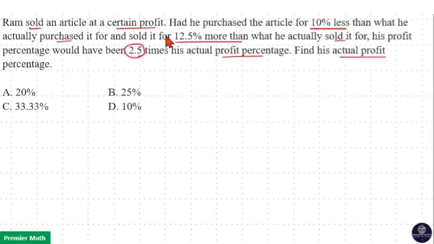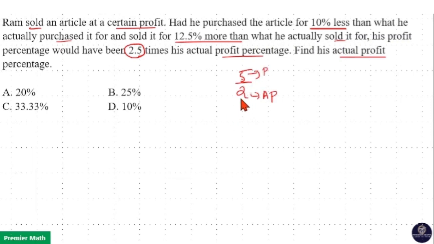Here, the variation in sell price and cost price is 12.5% plus 10%, which is equal to 22.5%. So this 22.5% causes this 2.5 times increment in actual profit percentage. That is, 2.5 times means 5 by 2. So 2 parts as the actual profit percentage and 5 parts as the present profit.